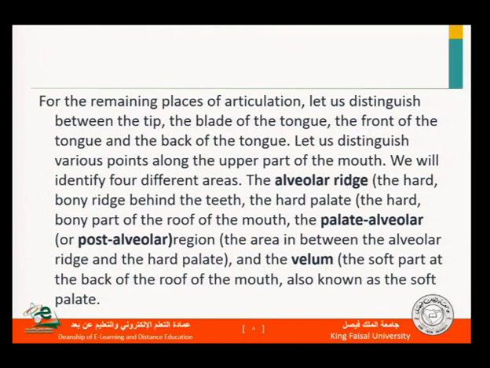Example, the sound sa, the sound ta, the sound ka, the sound tha in English, and the sound sha as well. Fa is also voiceless. This means the vocal folds are apart from one another, open when the air goes out of the lungs.